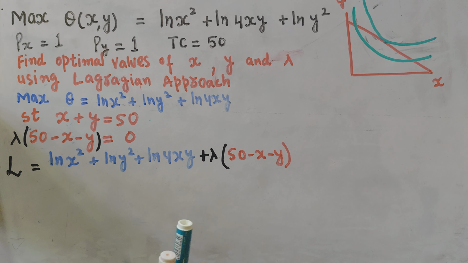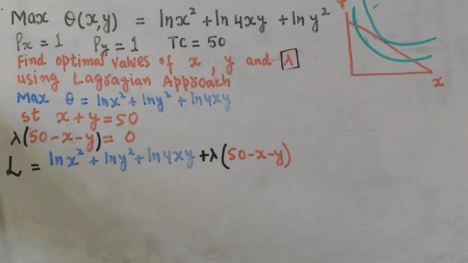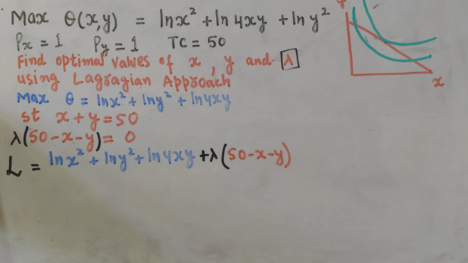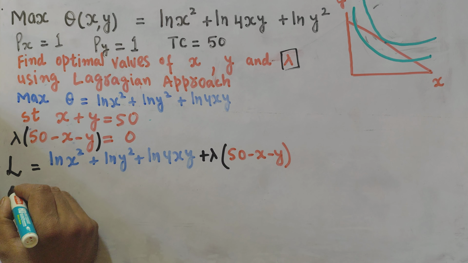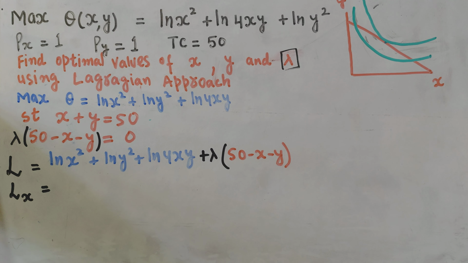Now to find the optimal values of inputs x, y, and the value of this lambda, we partially differentiate this Lagrangian function with respect to x, y, and lambda simultaneously and set them equal to 0. So first, we partially differentiate the Lagrangian function with respect to x.